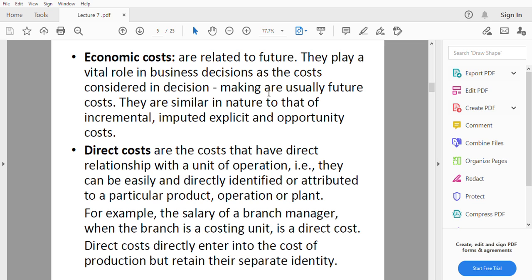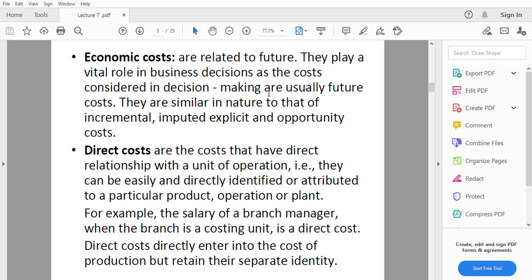Later you realize that if you had produced the other product, your profit would have been 100,000 Ghana cedis. So the profit you didn't get from the production you forwent is your economic cost.